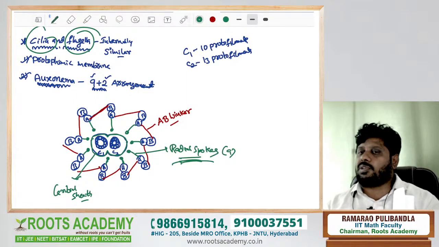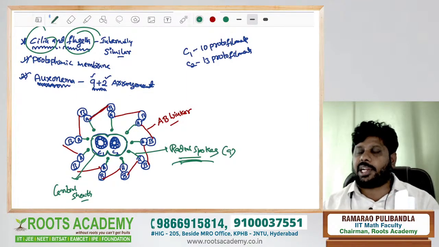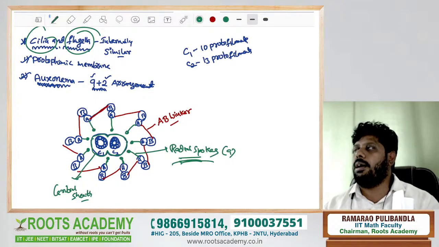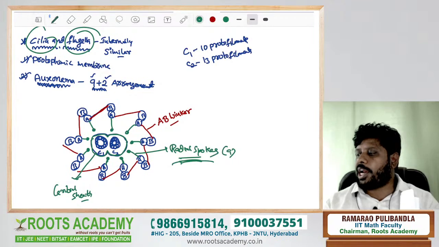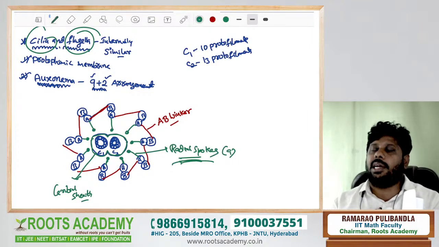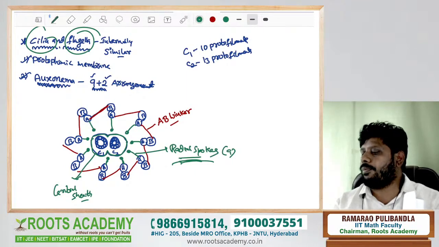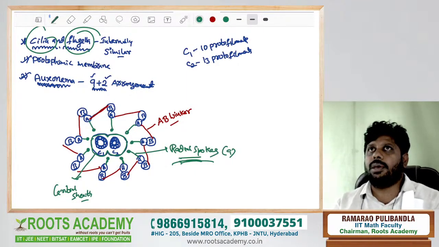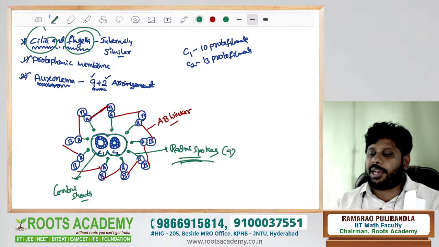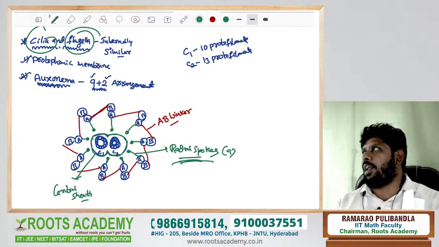Generally, radial spokes are not attached with the central sheath, but during the movement of cilia and flagella, the radial spokes are attached with a central sheath. Is it clear? So this is the internal structure of cilia and flagella.